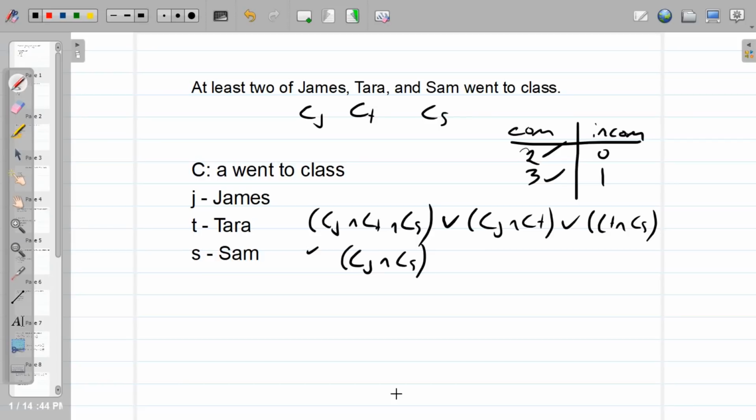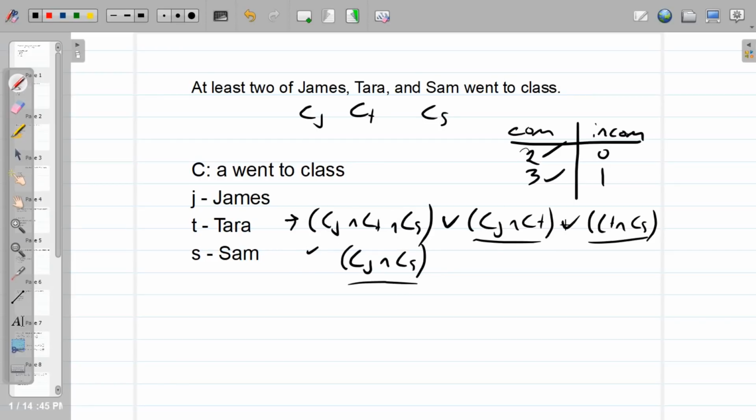How's that? Do you need that first part? No, you don't. Once we've got these 3 disjuncts, if any one of them is true, then okay, suppose all 3 went to class.